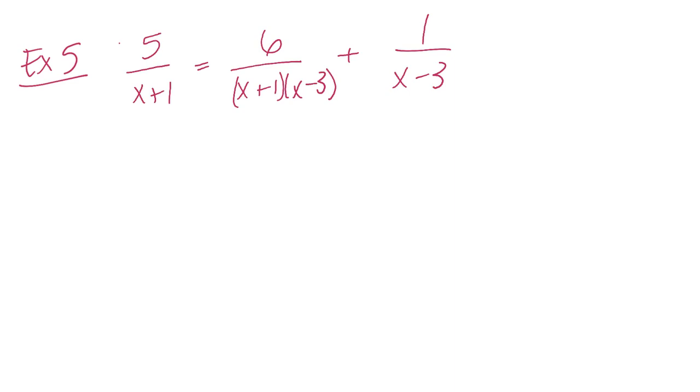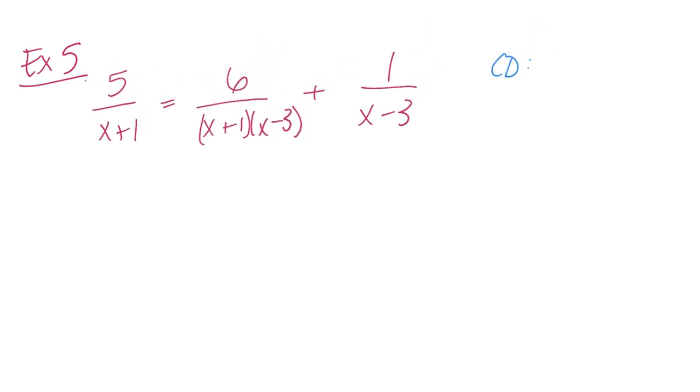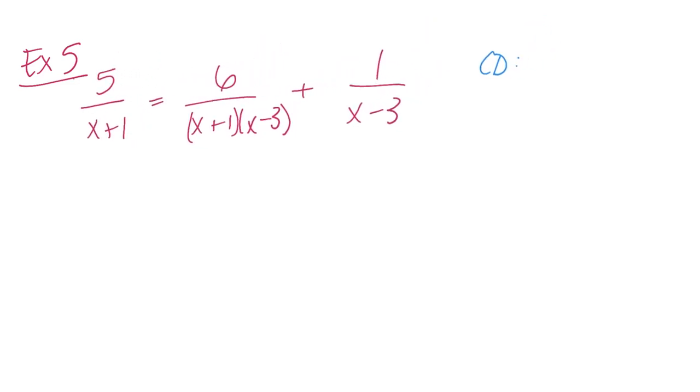All right, so our common denominator is (x plus 1)(x minus 3). And then, the first set of fractions is missing x minus 3 at top and bottom.